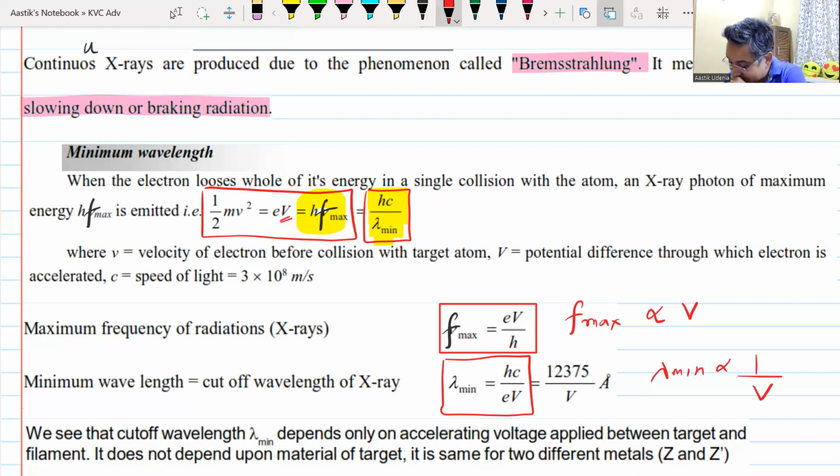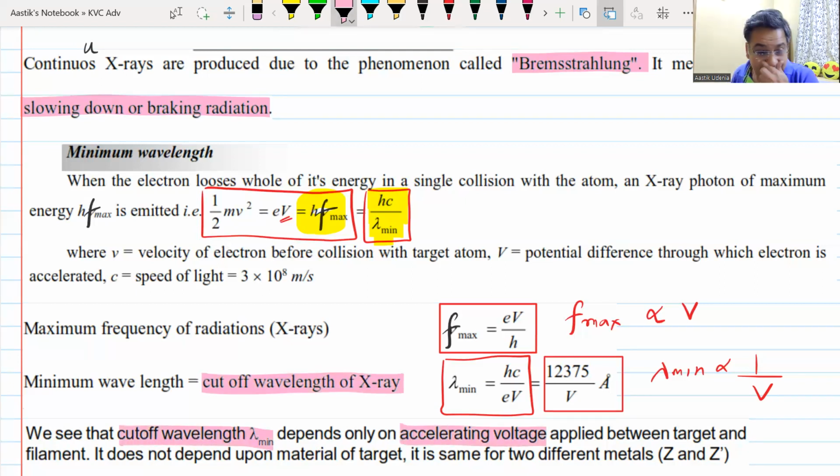Do we understand this? Yes, sir. So it will be hc by eV, or hc can be taken as 12,375. Remember that 12,375, and 12,400 is also used. Now, this wavelength is also known as the cutoff wavelength. This cutoff wavelength depends only on the accelerating voltage. Yes or no?